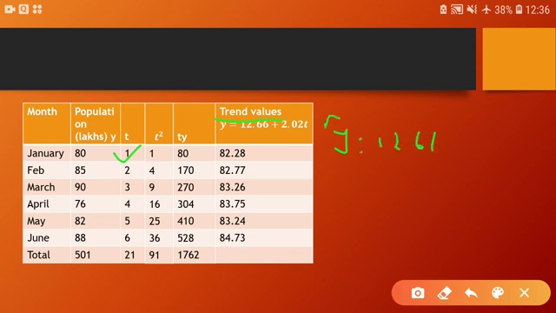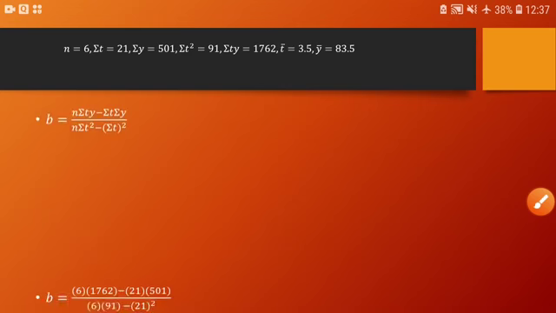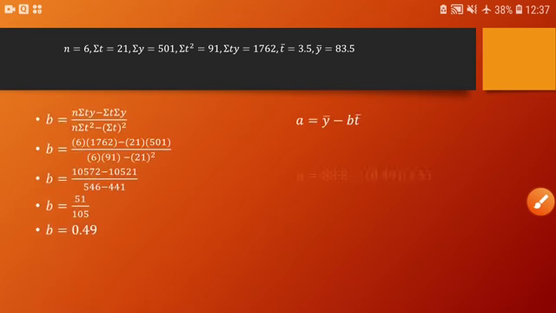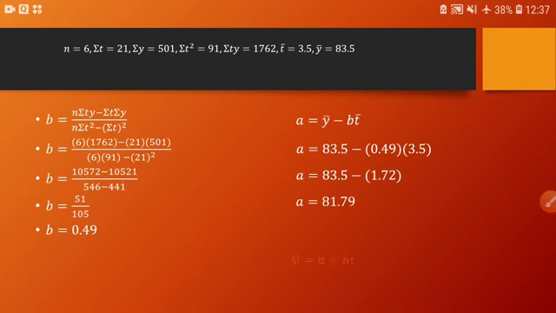See, our line is y cap equal to 81.79 plus 0.49 into t.